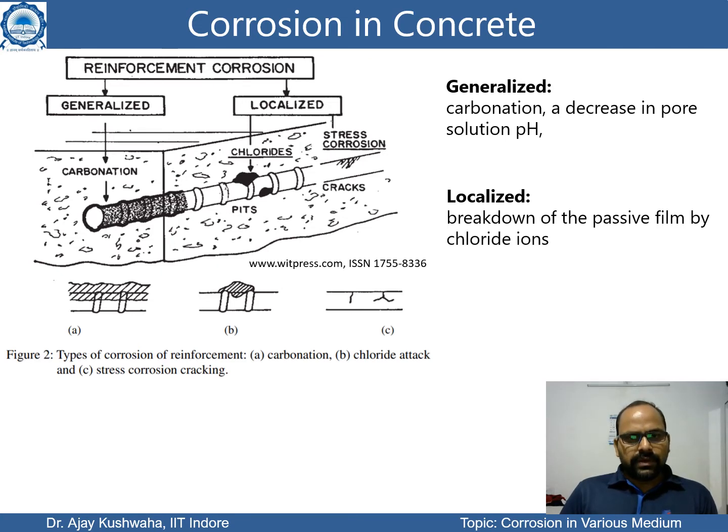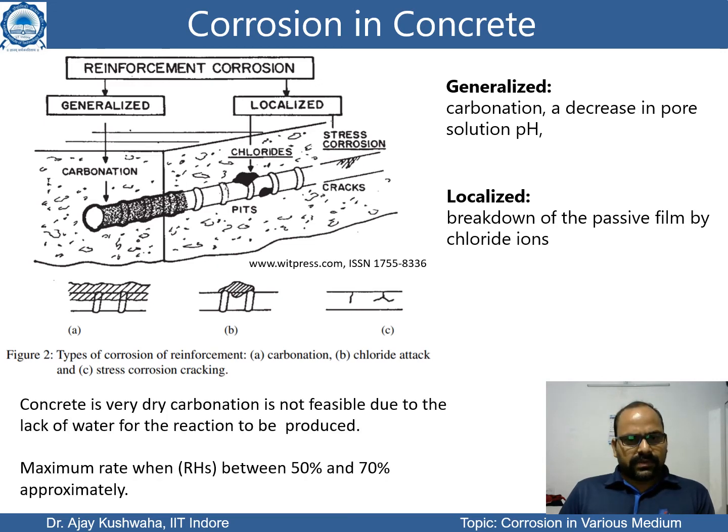Generally, a natural passive oxide layer is there in steel or in iron structure, and that protects from corrosion. But if chloride ions are there, then they attack the surface, and then in some spaces or some localized places it damages the passive film, and then we observe the localized corrosion.